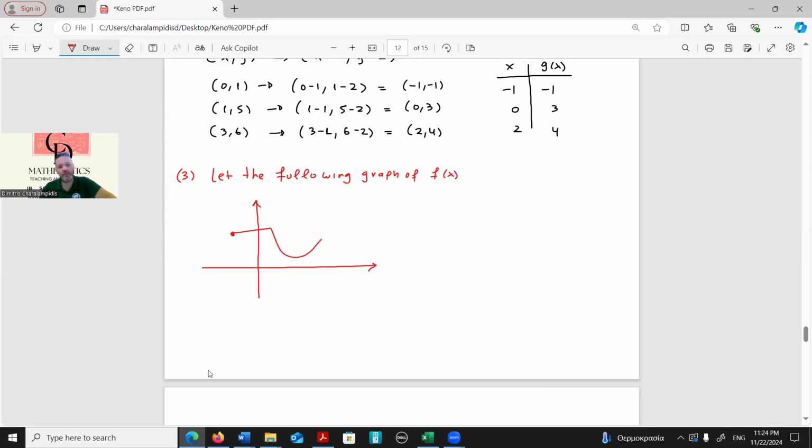And we know that this is the point with coordinates, let's say, negative 2, 5. This would have been the 1, 5, this could be, let's say, 2, 1. And this could be, let's say, 3, 4.